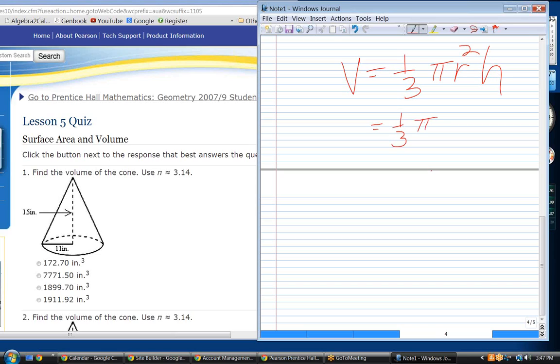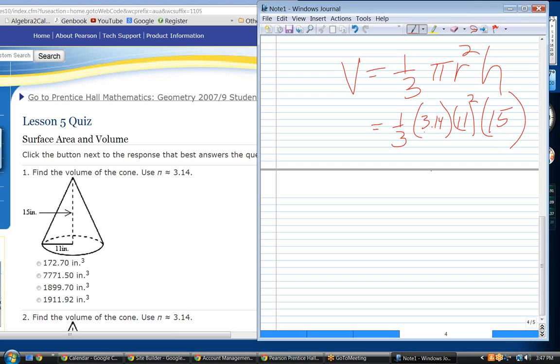So we go 1 divided by 3 times 3.14 times 11 squared. And the height is 15. Right. They mean the vertical height there, not this slant height.